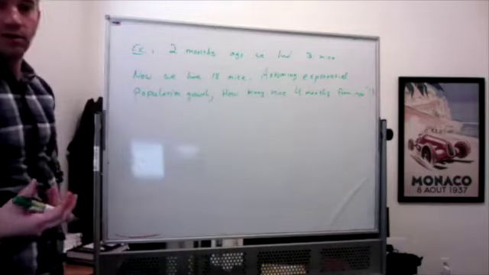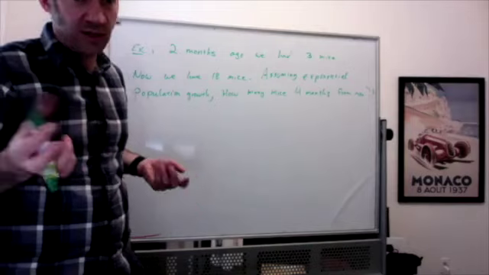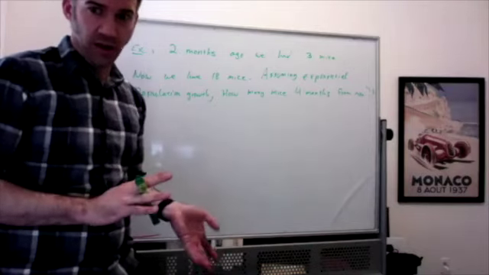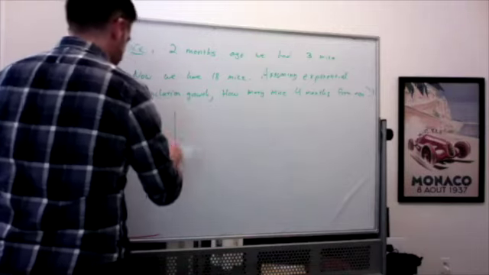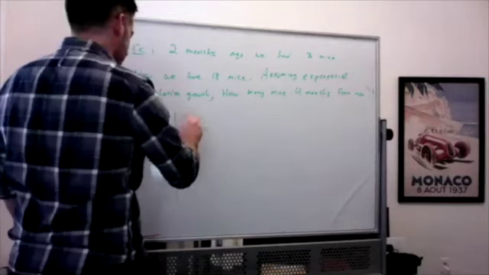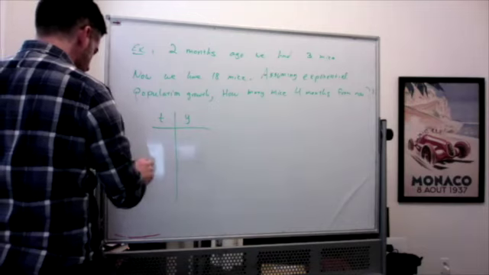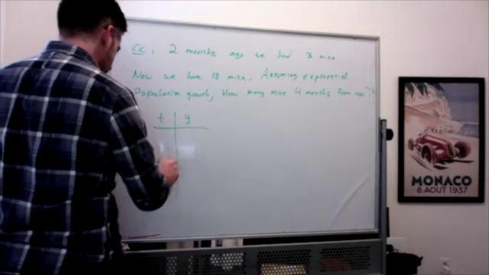Okay, so here's what I find mildly annoying about this problem, but it's something that we have to deal with sometimes. The now time isn't the beginning time, which is unfortunate. We can adjust. So here's what we're going to do. We're going to make our little table of time and the amount of mice. And then we're going to say that now is going to be time equal to 2.